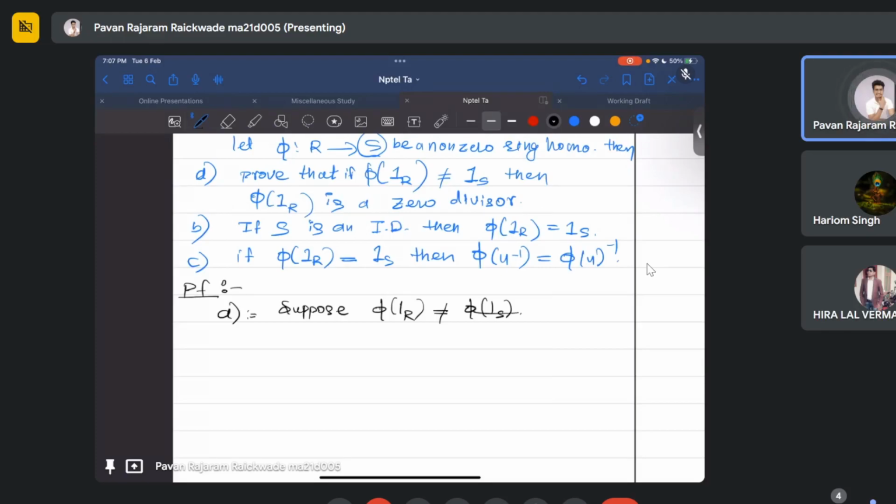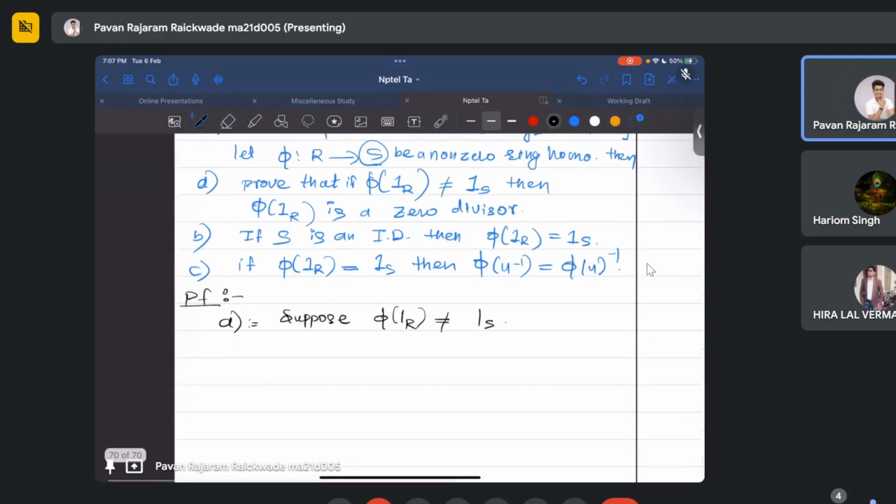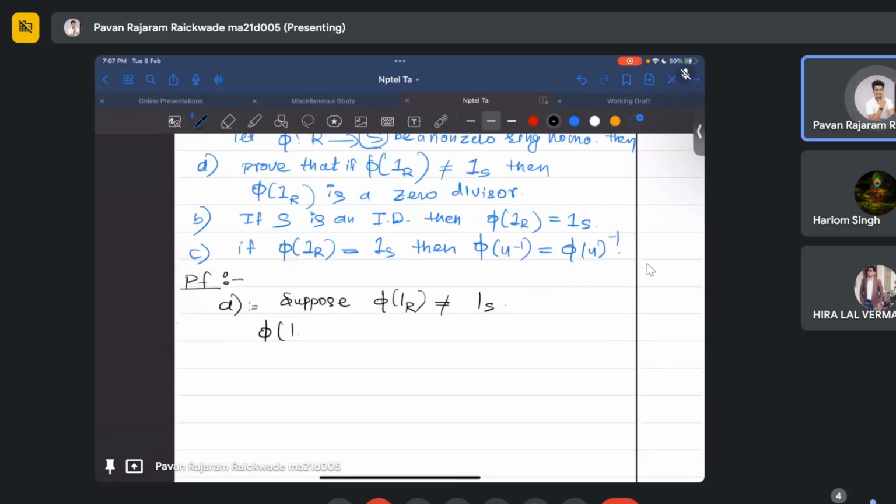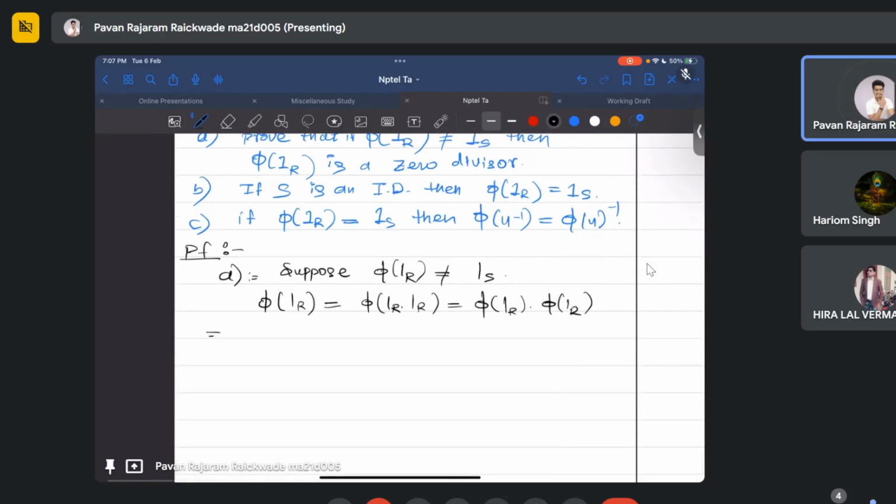So basically I can write phi of 1R is phi of 1R dot 1R, which, because it's a ring homomorphism, is phi of 1R dot phi of 1R.